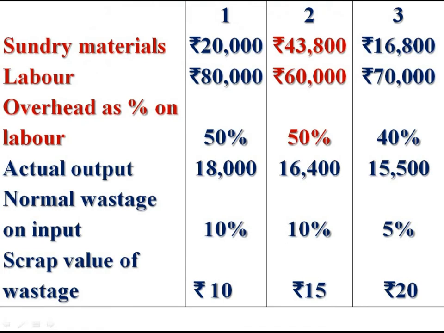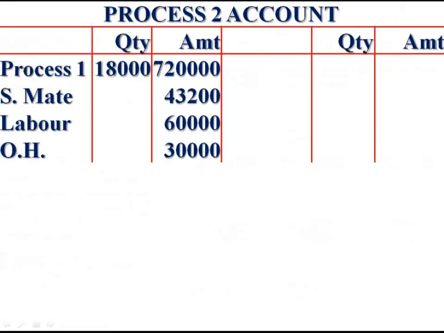In the problem we are given sundry materials rupees 43,200, labor 60,000 and 50% of labor as overhead. That is 60,000 into 50%, rupees 30,000 being overhead. These are to be debited in the process 2 account.